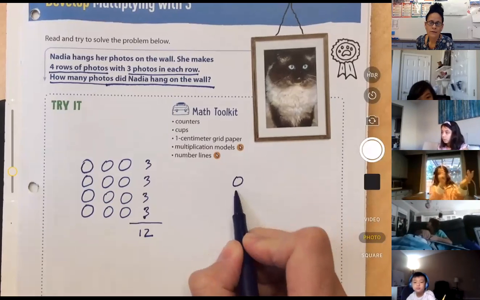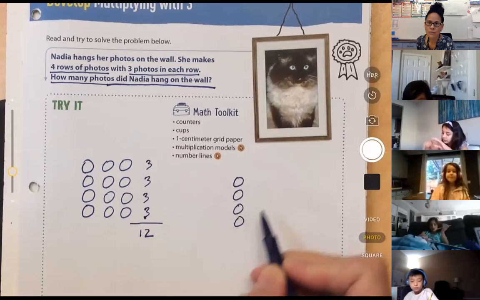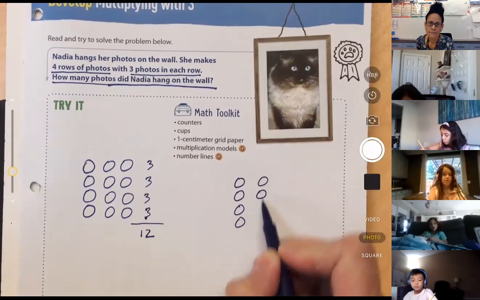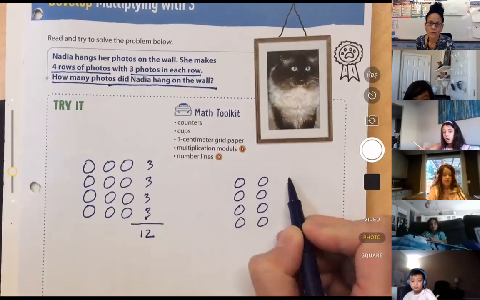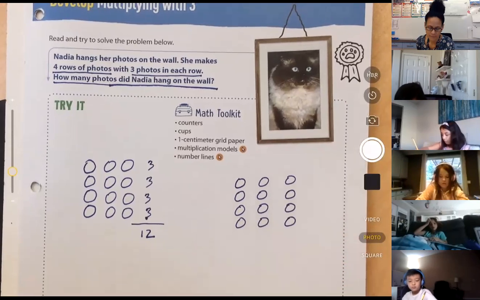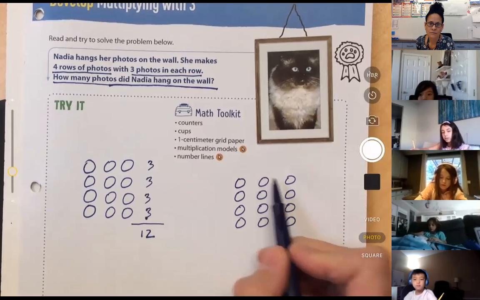So as you take a look at the screen again, please see that I am simply duplicating the original array. You will notice that I'm starting with 4 rows of 3. But now I am going to be regrouping this array so that I can deal with the factor of 2 instead of 3.